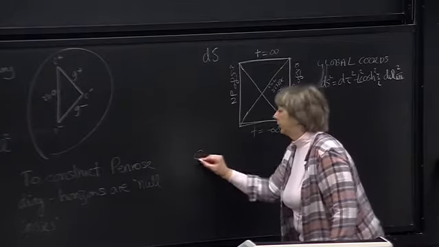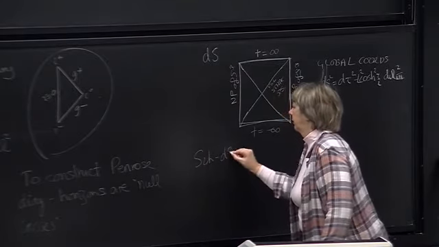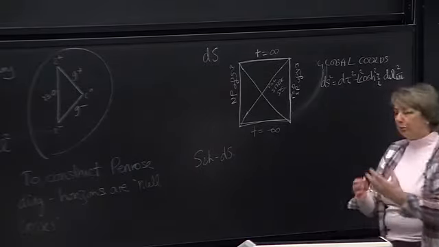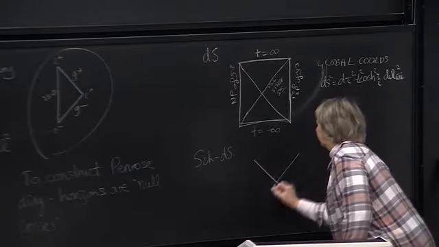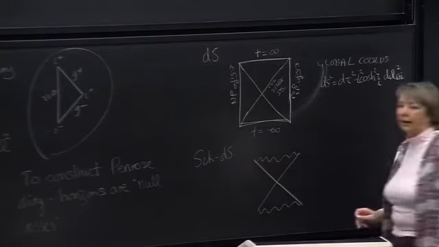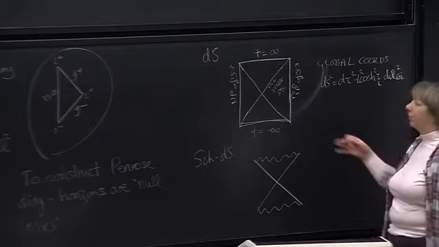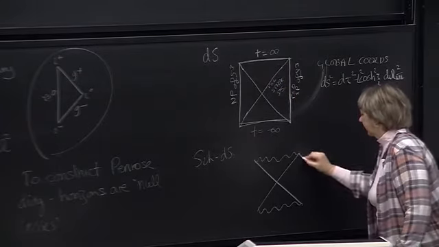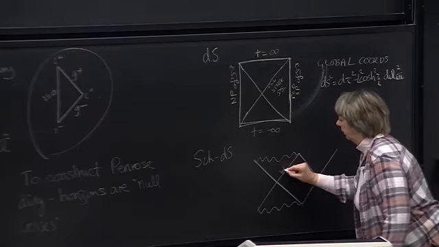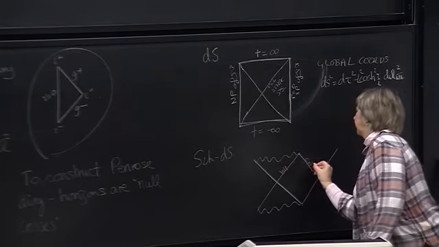And then Schwarzschild de Sitter, well, we do the same thing again. Close to the black hole horizon, we have a Schwarzschild space. So here's our Schwarzschild horizon and singularity. Away from the black hole, we should have this sort of structure. So this is our black hole, and this is our cosmological horizon.